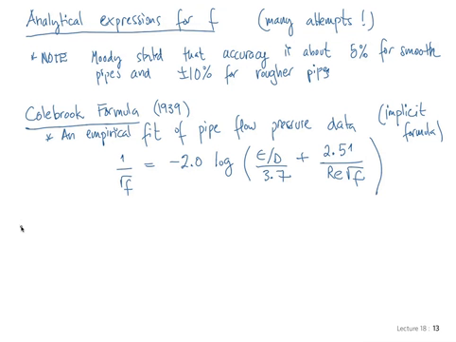So only recently there's been some more nice formulas. There's this one called Haaland. That's the way you write it. I'm not sure how you pronounce it. From 1983. And he found a nicer looking approximation of the implicit one.